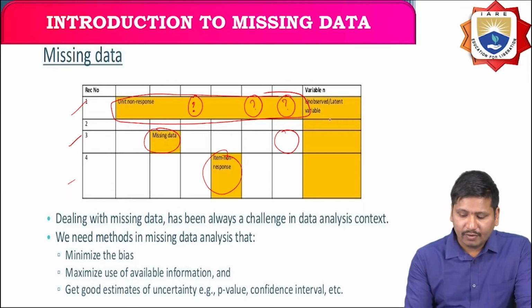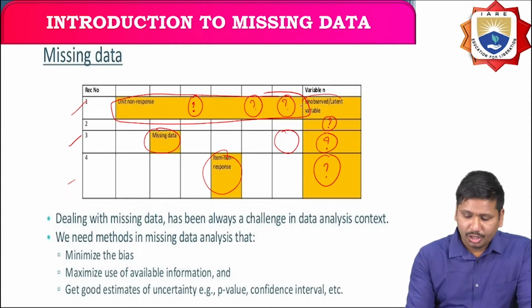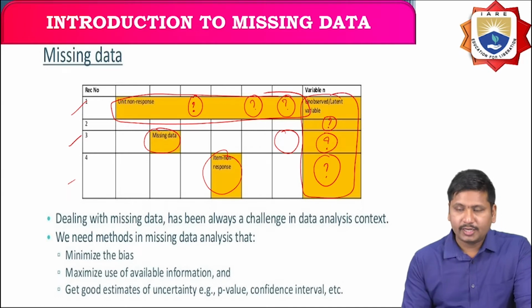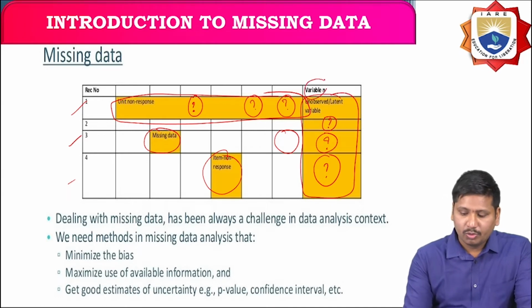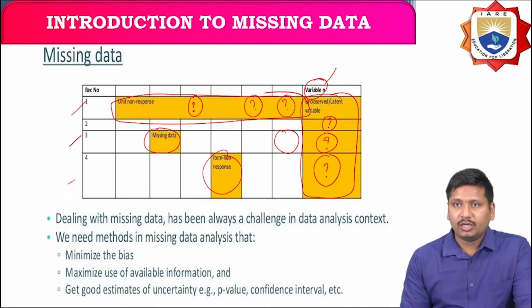Similarly, when a variable has some missing values column-wise, I can treat this entire column as a latent variable, since this variable has more missing values compared to the other variables.